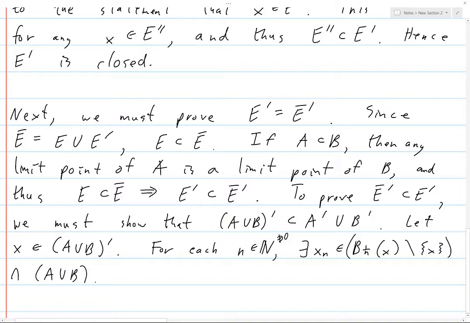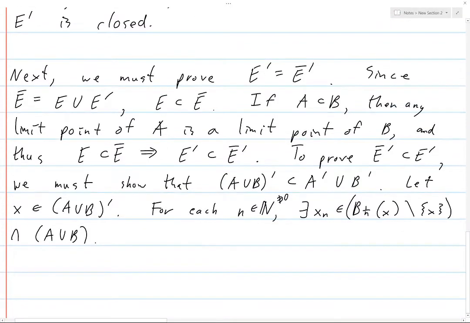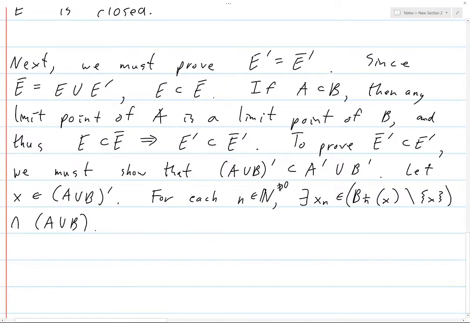I don't allow this to include the number 0. Okay, so there's an x_n. So B(x, 1/n) is a neighborhood of x. And because it's a neighborhood of x, and because x is a limit point of A union B, there is such an element x_n here.